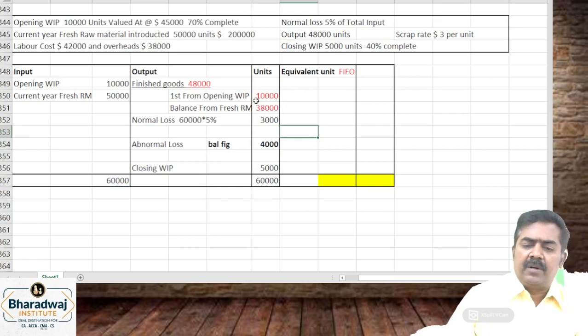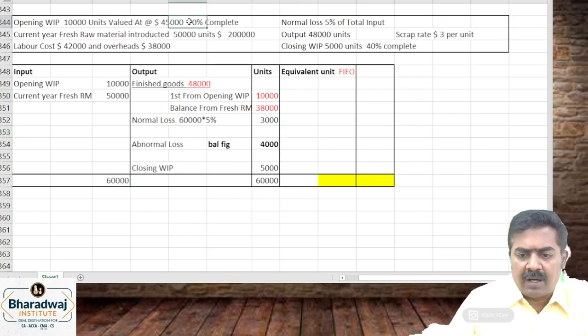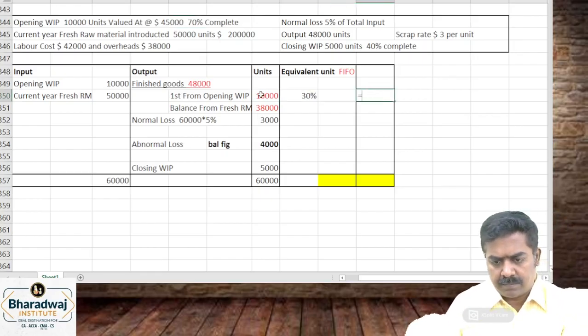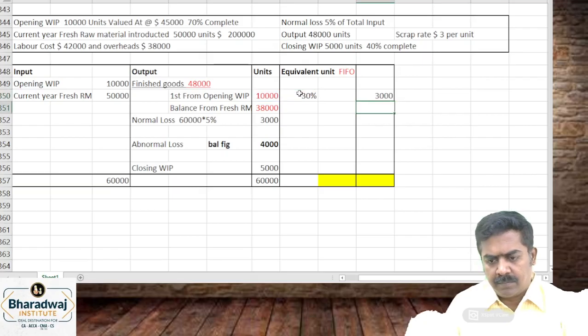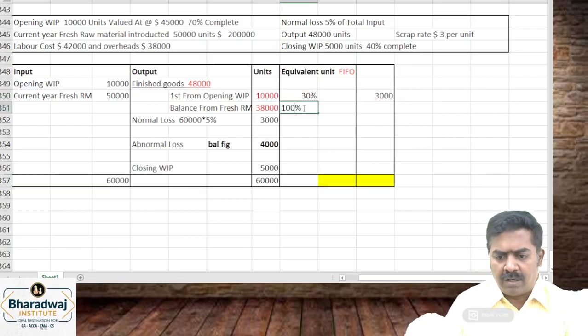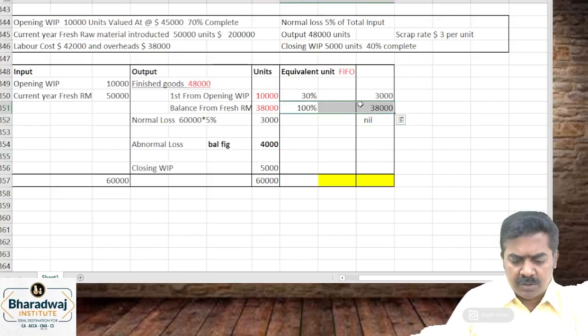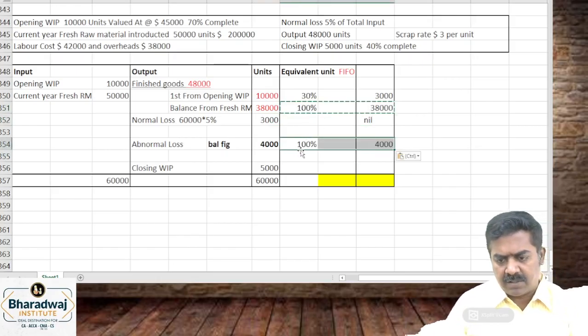How to assign equivalent units? Opening WIP is already 70% complete, balance 30%. This one we do 100% of the work this year, so we'll take 100% completion. Normal loss, no cost allocation. Abnormal loss, we assign 100% of cost.